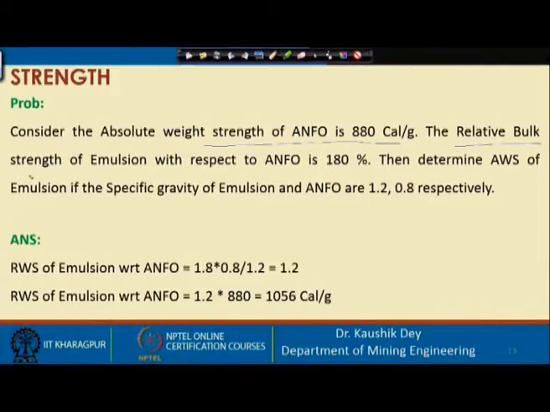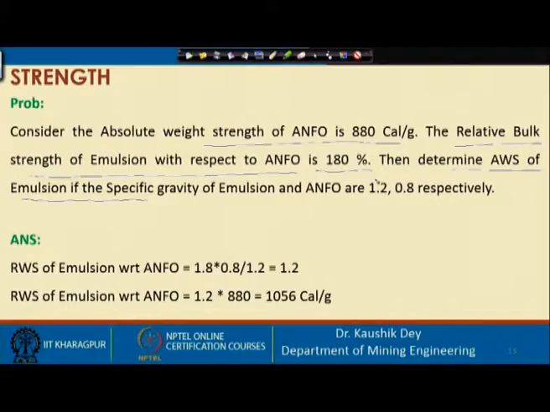Relative bulk strength of emulsion with respect to ANFO is 180%. Then determine the absolute weight strength of the emulsion if the specific gravity of the emulsion and ANFO are 1.2 and 0.8 respectively. So, first here what do we need to do?